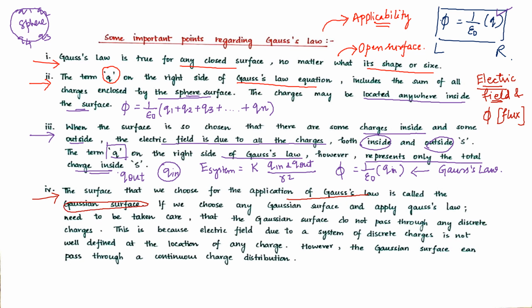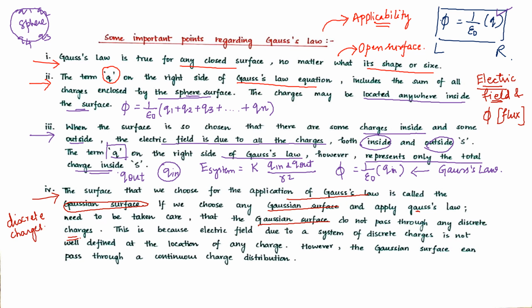If we choose any Gaussian surface and apply Gauss's law, it needs to be taken care that the Gaussian surface does not pass through any discrete charges.